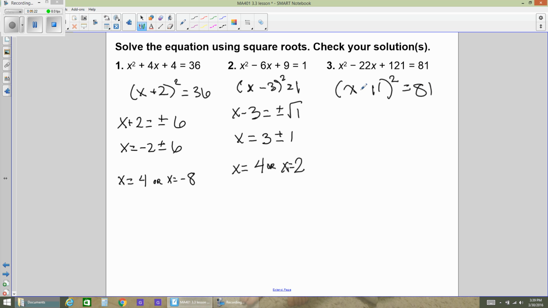You just need to be careful it's a minus because the 22 was a minus. All right, square root both sides, you get x minus 11 equals plus or minus 9. So x equals 11 plus or minus 9. 11 plus 9 is 20, and 11 minus 9 is 2.